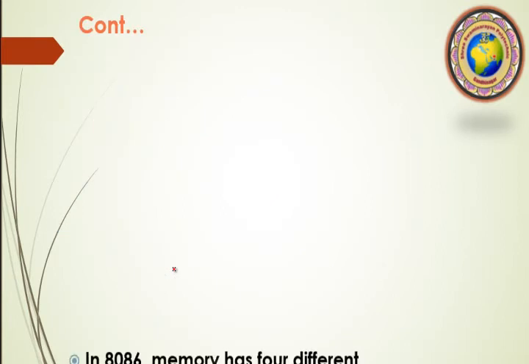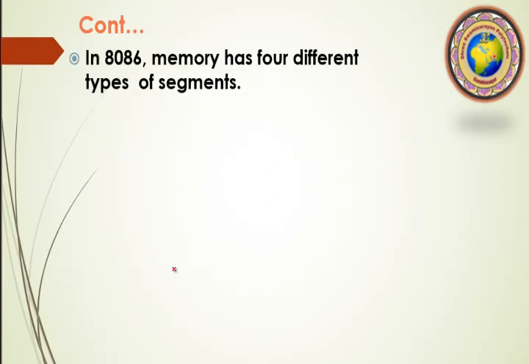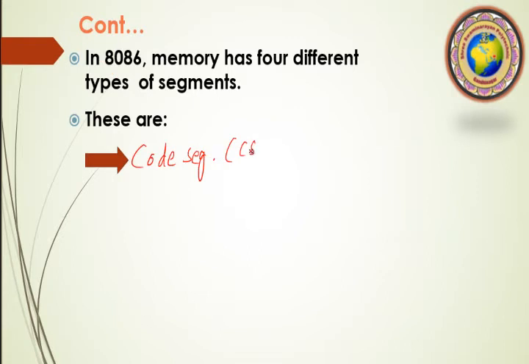The 8086 memory has 4 different types of segments. The first one is the code segment, also called CS. The second one is the data segment, also called DS.